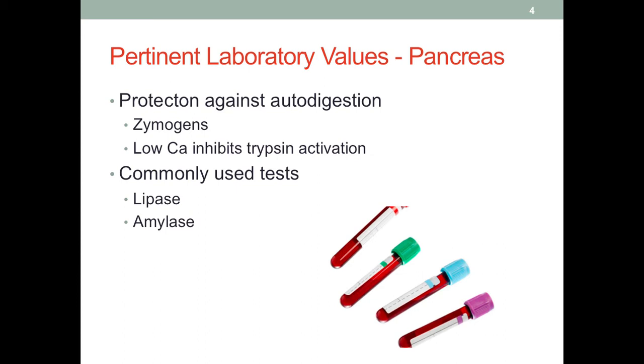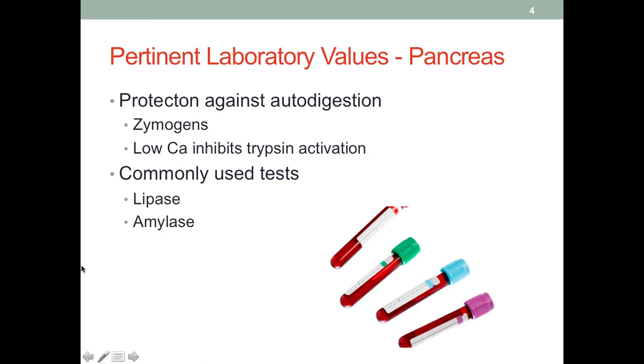Since we know the secretions of the exocrine pancreas and the mechanisms against autodigestion, if we see an abnormally high level of these digestive enzymes in the blood, we can expect that there is a problem with the pancreas. So basically, if we're seeing these pancreatic enzymes in the blood, then we know that there's an issue with the pancreas.